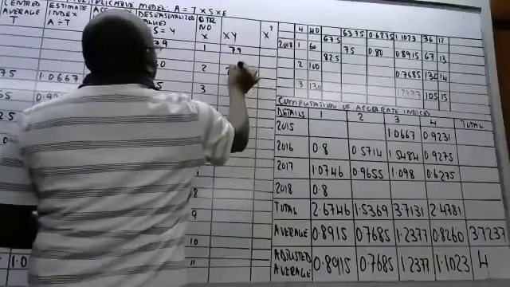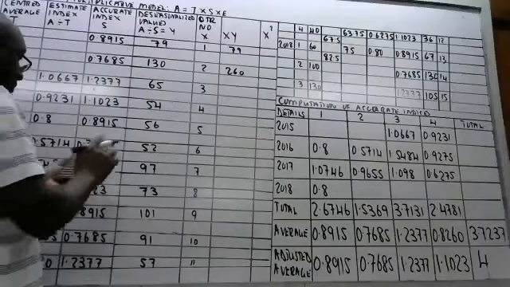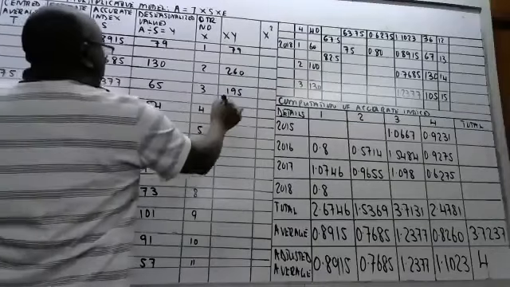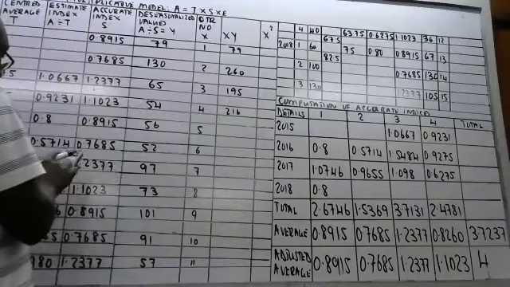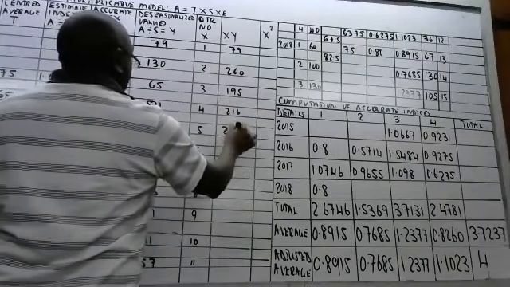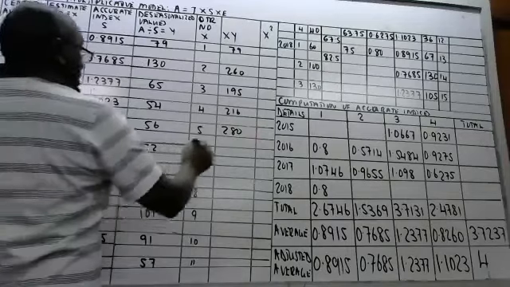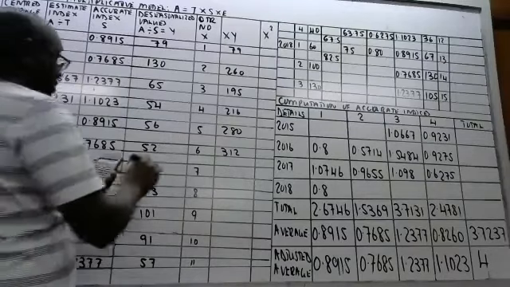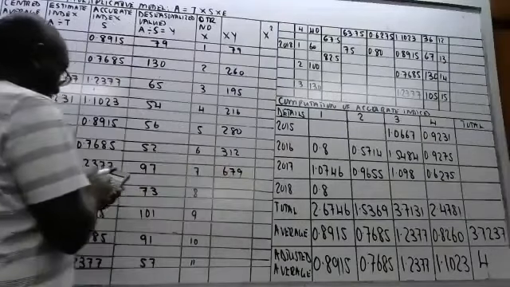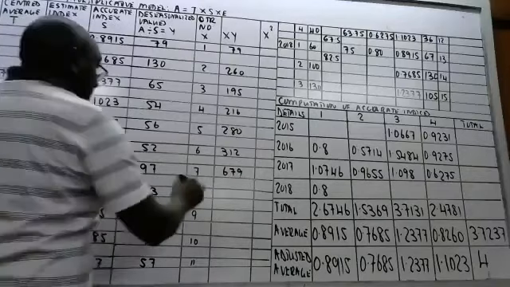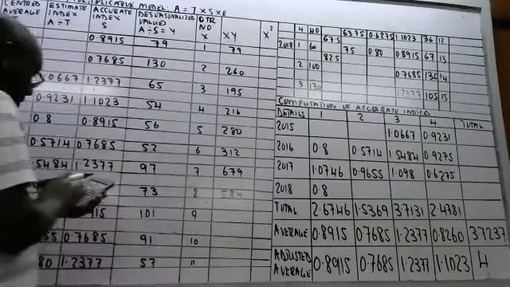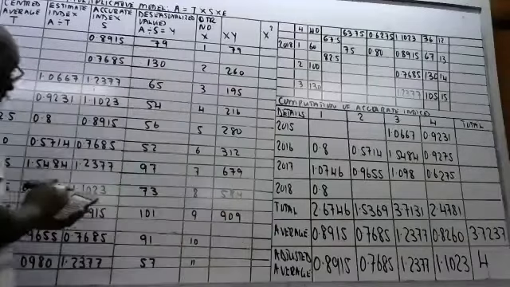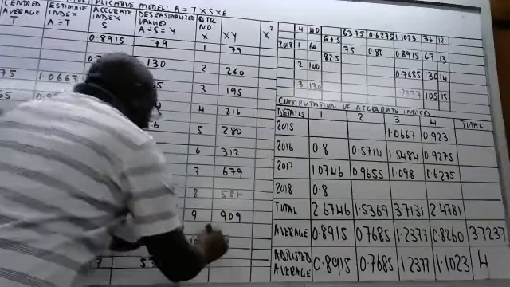This is 260. 65 times 3 is 195. 54 times 4 is 216. 56 times 5 is 280. 52 times 6 is 312. 97 times 7 is 679. 73 times 8 is 584. 101 times 9 is 909. 91 times 10 is 910.